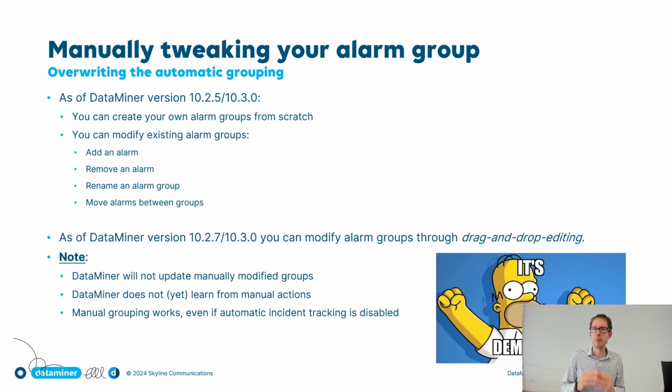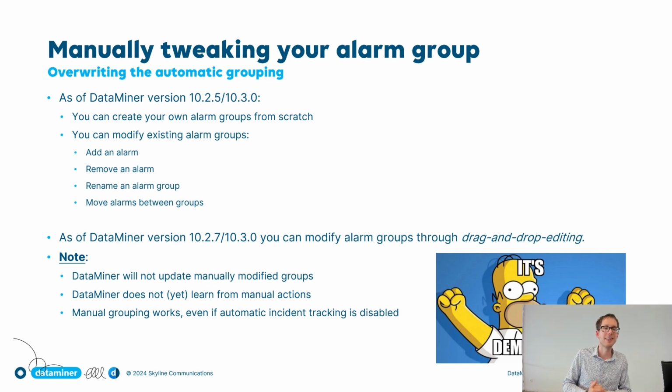But as soon as you've made a change to an automatically created group, we will no longer update this group. The idea is that the user changed it. So we believe that the user did the necessary things to modify this group to his or her liking. From that moment on, we will no longer automatically update this group. The algorithm will completely back off and no longer touch it.